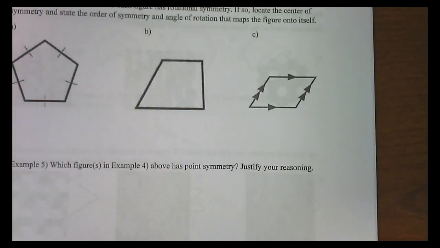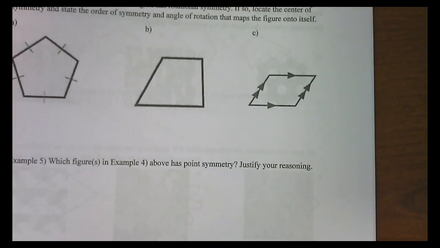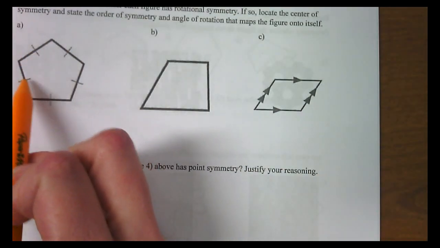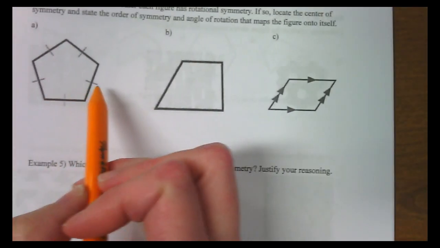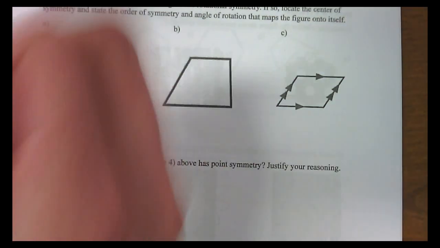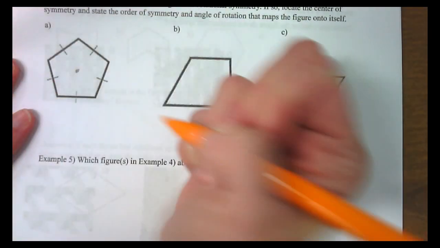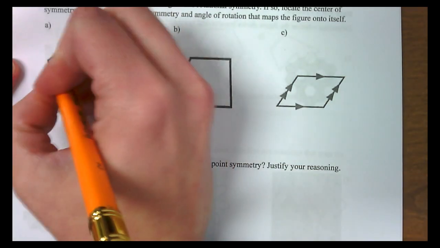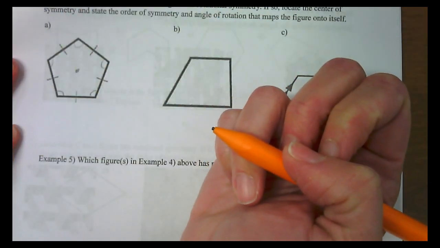Okay, example 4 says determine if we have rotational symmetry. If so, locate the center of symmetry and state the order of symmetry and angle of rotation. So these symbols here are telling us that they're congruent, meaning they're the same size. And if all the sides are the same size, then all the angles are the same size too. You should have learned that in geometry.